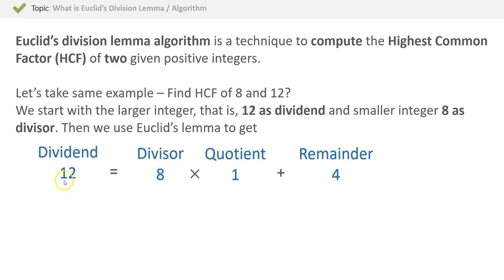In this case, we have expressed 12 as 8 multiplied by 1, which gives you 8, and when you add an additional 4 to this, what you get is 12. So in this case, 4 is my remainder.